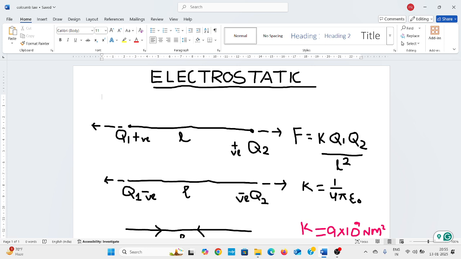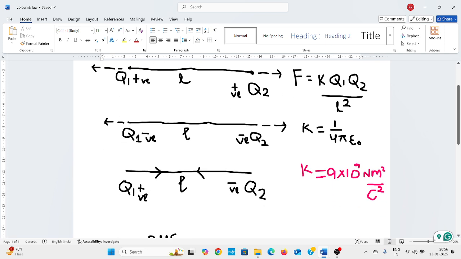If both point charges are negative, then the force will also be repulsive and outward. If one is positive and another is negative, then the force will be attractive and the direction of the force will be inward.